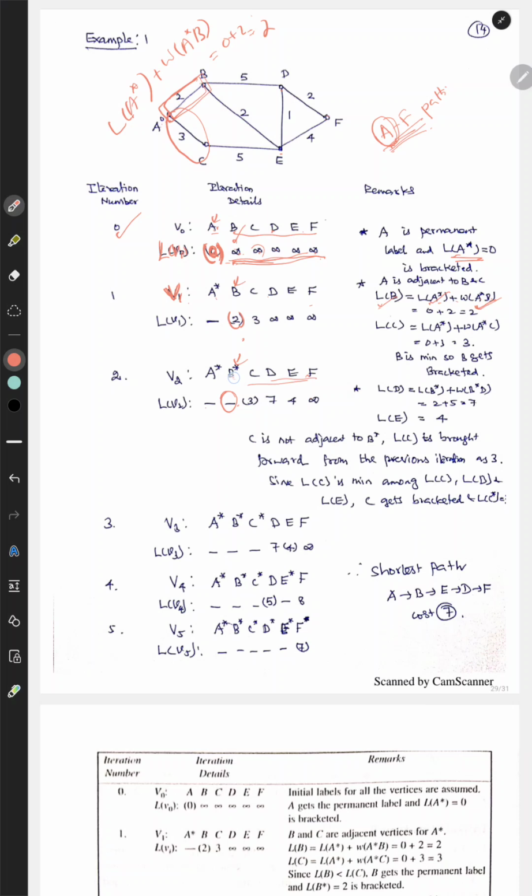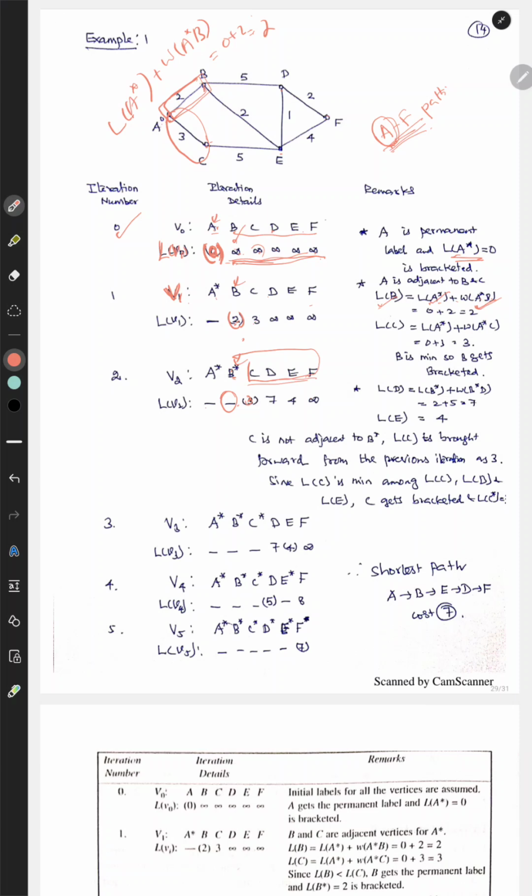Now for this removed vertex B, we will find the possible new labels for the other vertices. B's label is 2, so that plus B to C, if there is an edge, you have to add. But B to C you don't have an edge, which means L of B plus the weight of BC will give you infinity only, and that is not smaller than the previous label of C, which is 3. Therefore 3 itself you will repeat here. You are not going to change the label from the previous stage.